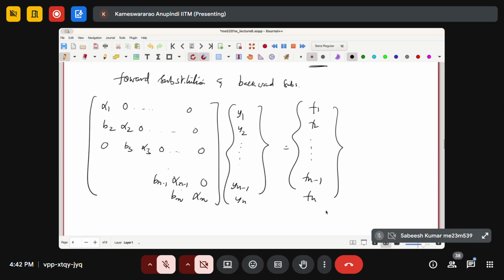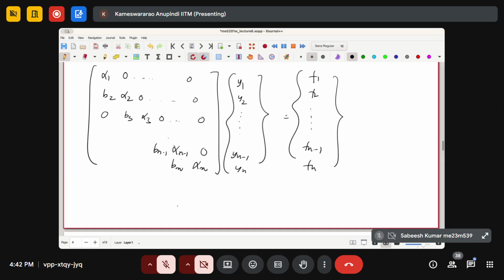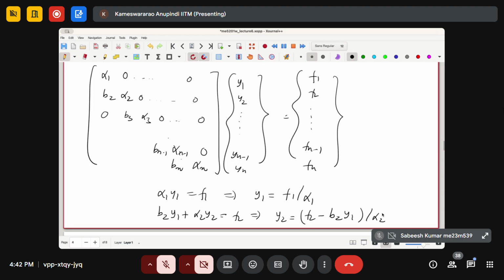Okay, so how do you calculate this one? You have alpha 1 y1 equals f1. That means y1 equals f1 by alpha 1. Alpha 1 is already calculated. Then the second one is going to be b2 y1 plus alpha 2 y2 equals f2. That means y2 is going to be f2 minus b2 times y1 divided by alpha 2, right?